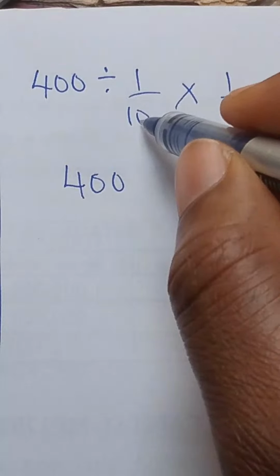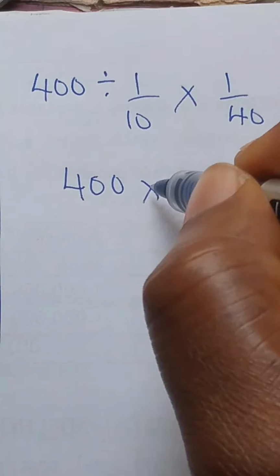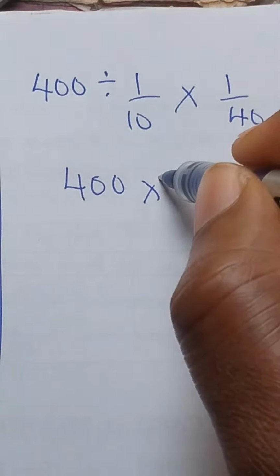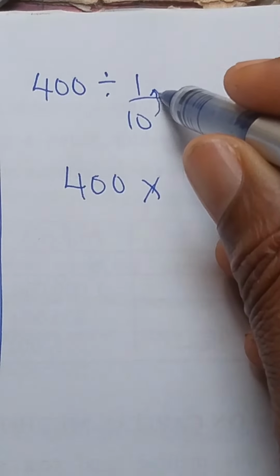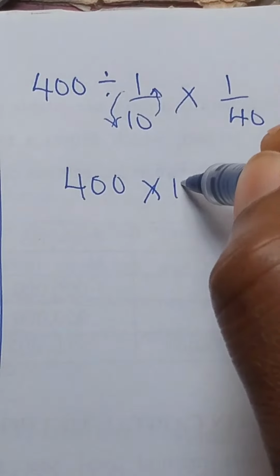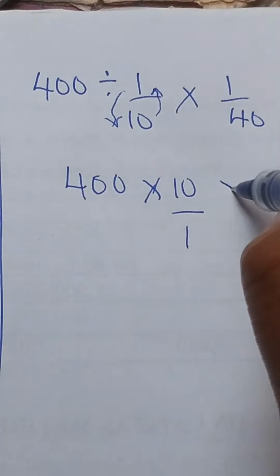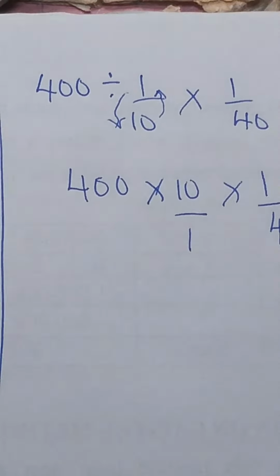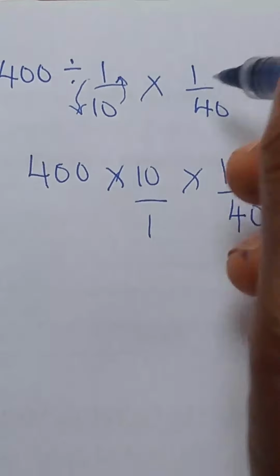I've said when you're dividing a number by a fraction, you change to multiplication. Even if it's a whole number, you can change and still flip, okay? You change and flip. 10 will go up, 1 will come down. So we have 10 over 1. You write multiply by 1 over 40, okay?